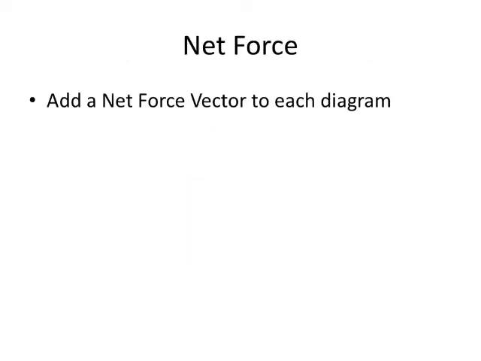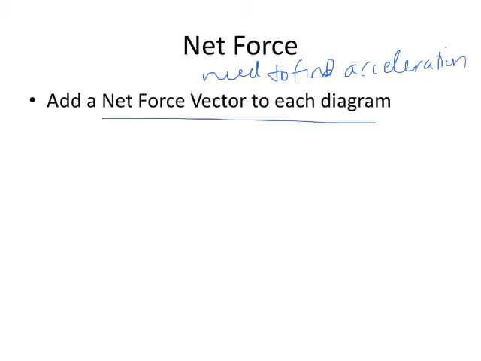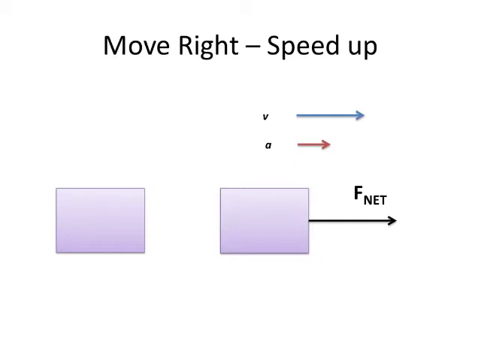Now, net force is required to find acceleration. So we need to know net force to find acceleration. For each of these diagrams, we're going to redraw them with a net force vector. Here is our first diagram. We've got 120 newtons going down, 20 to the right, 120 newtons going up, and 15 to the left.